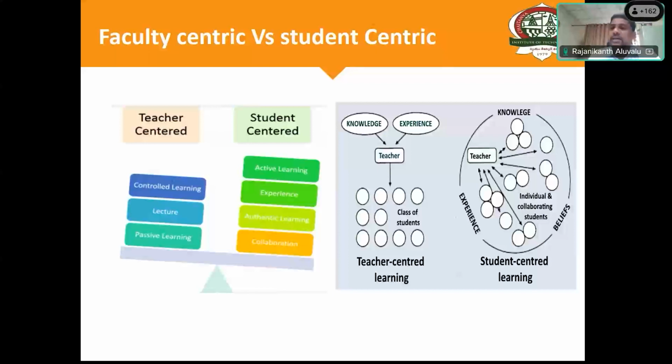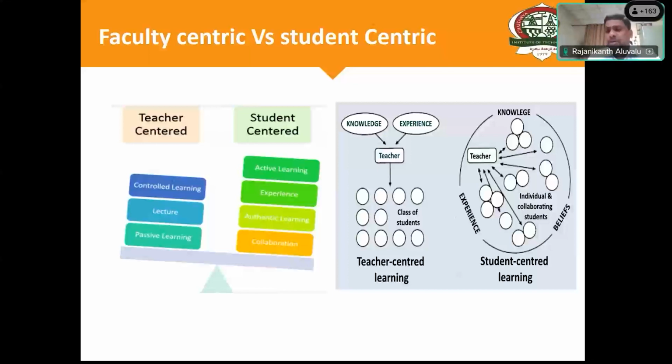On the other side, this student-centered learning approach is going to create a collaborative learning approach, where there will be peer learning as well. Learning is not going to happen just from the faculty member, but between the students as well. This is the expectation in the current day scenario, and NEP talks much about that.